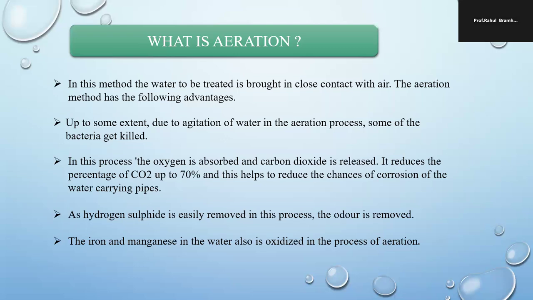So with the help of aeration, hydrogen sulfide is removed, odor is removed, carbon dioxide is also removed, and oxygen is absorbed. So this is the main purpose of aeration.